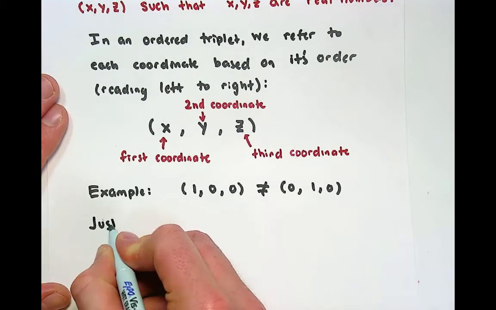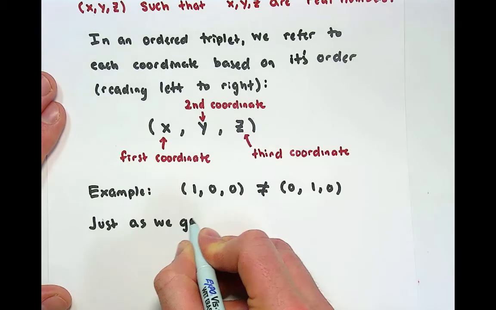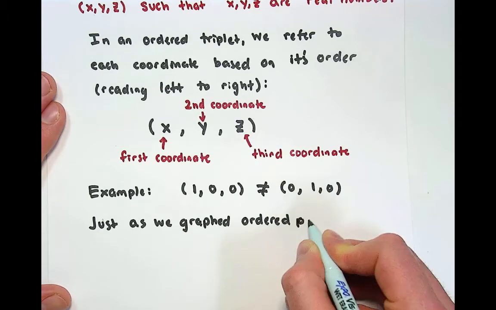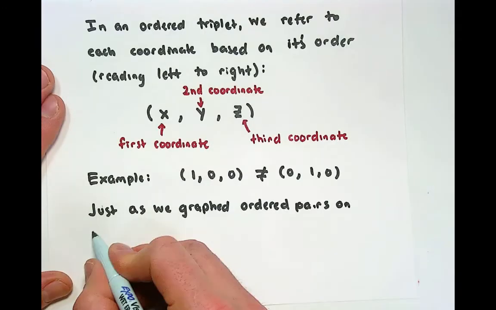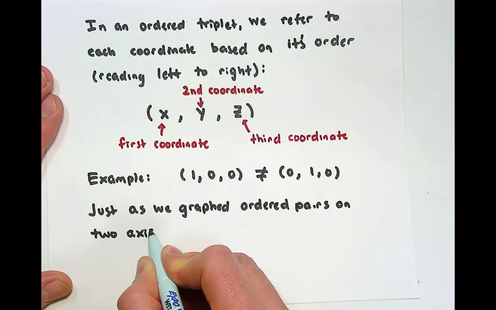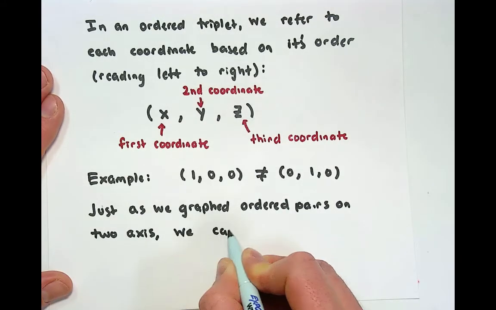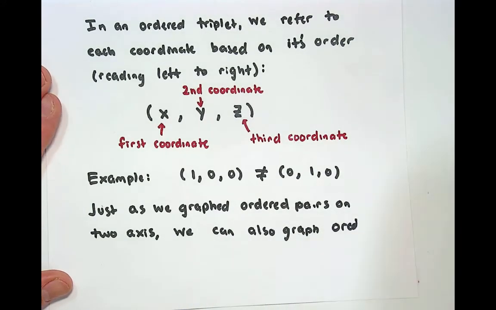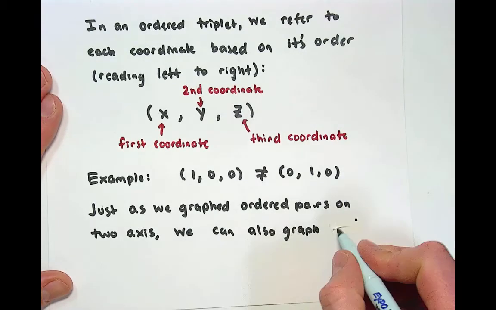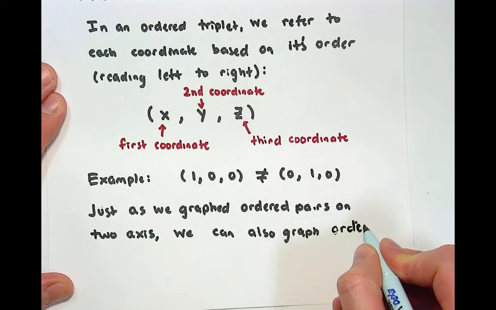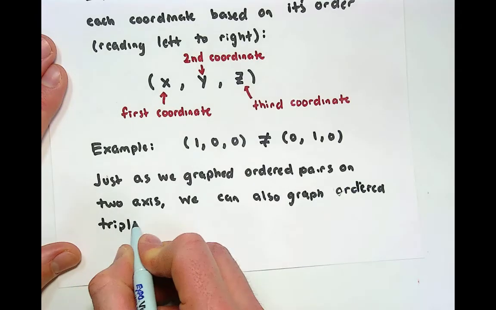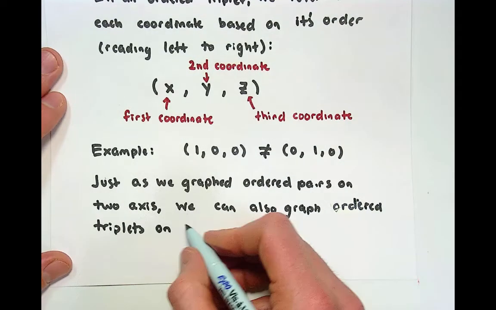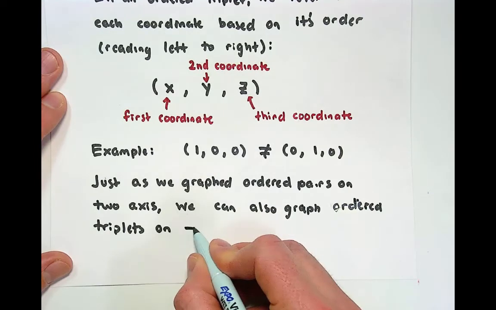What's really interesting about this is just as we graphed ordered pairs on the set of 2 axes called the Cartesian plane, we can also graph ordered triplets on the intersection of 3 axes.